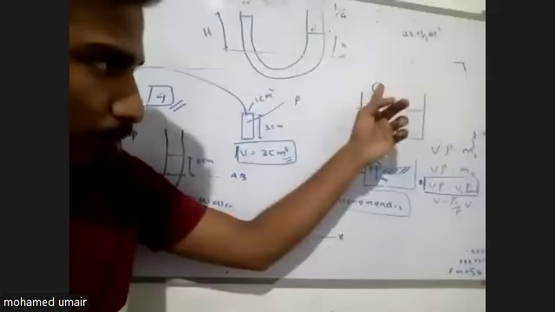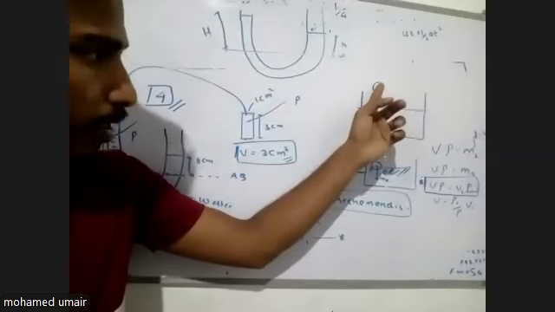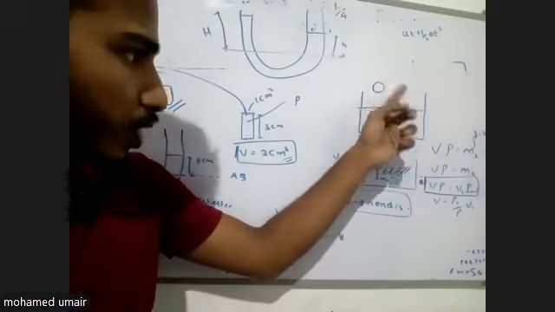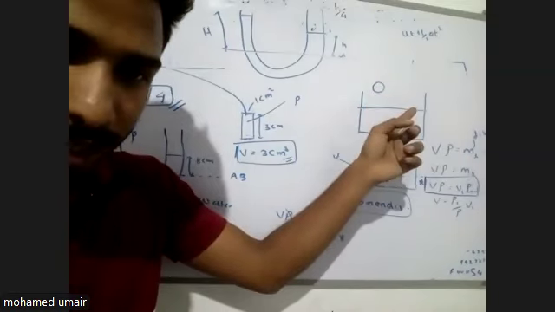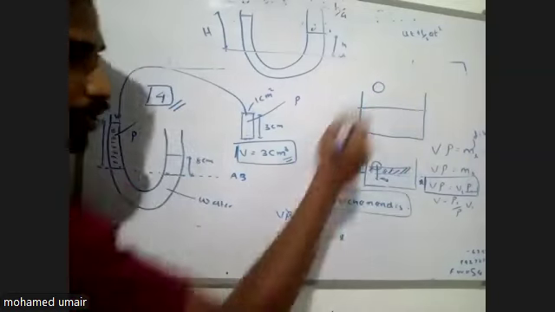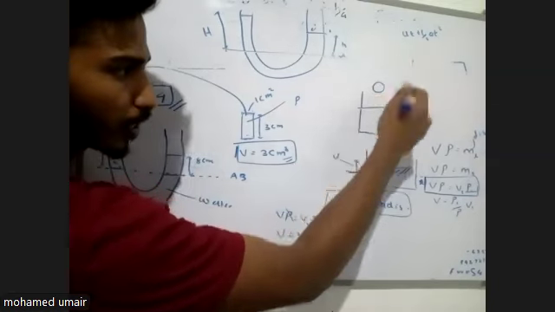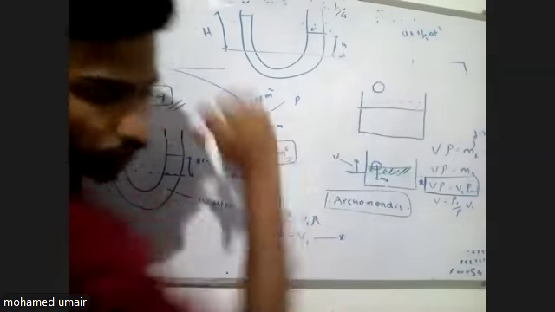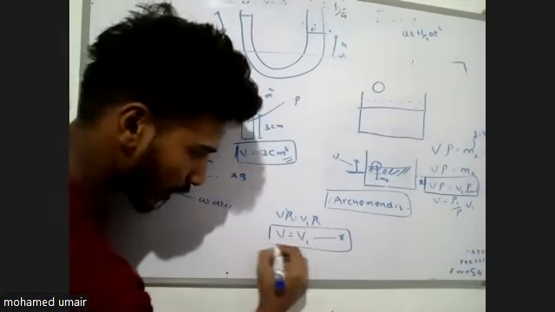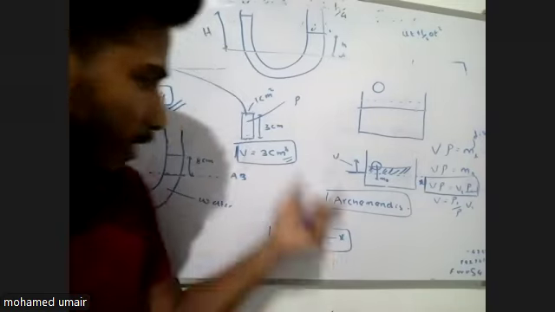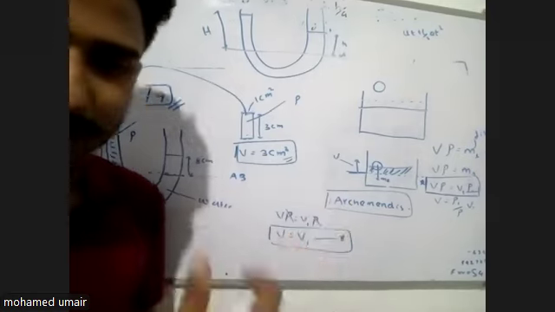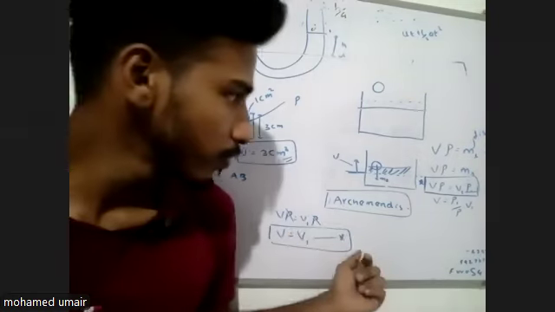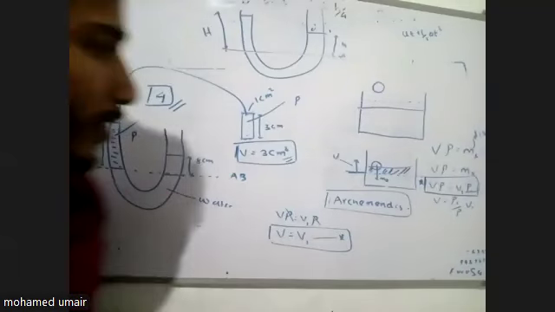When the density of the submerged object and the density of the liquid are equal, the volume of the object is equal to the volume displaced by the liquid. No matter whether it's a U-tube or whatever, in some other cases it will be helpful. Okay, so just get that short point.